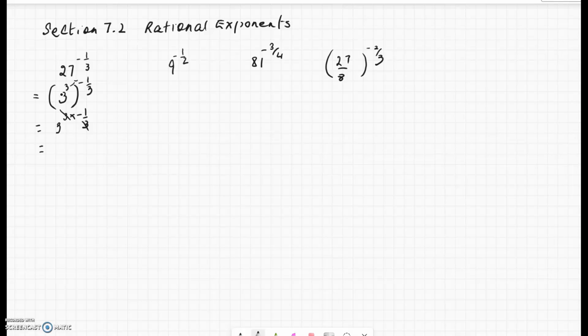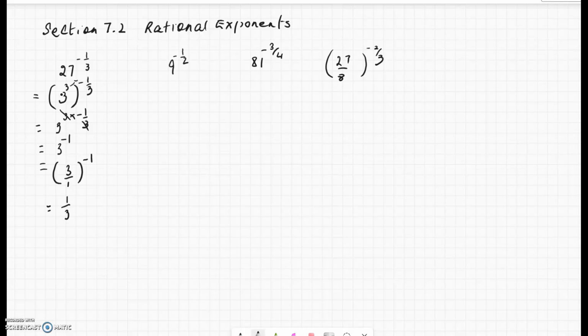The 3's cancel and you get 3 to the negative 1. So the meaning of a negative exponent. If I say 3 to the negative 1, this just means flip the fraction inside, and that is 1/3.